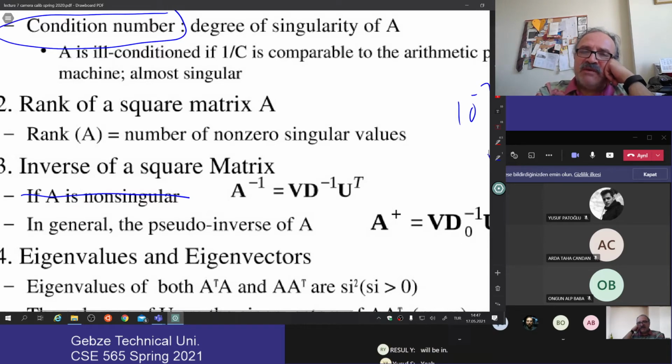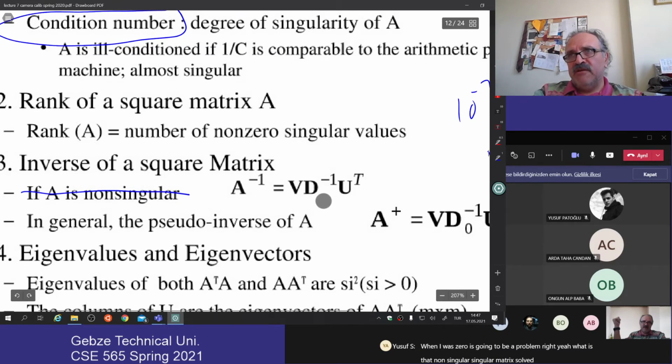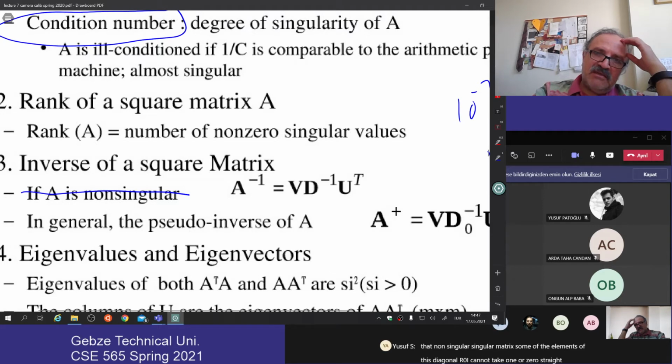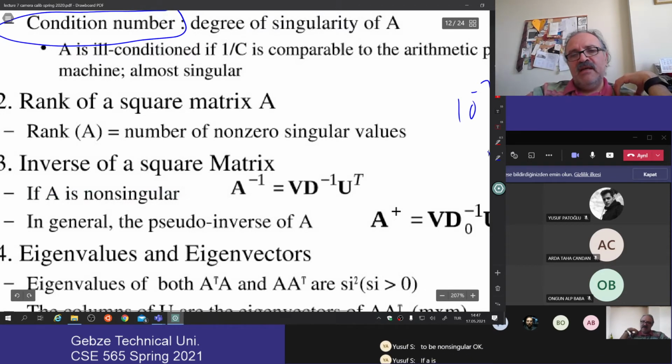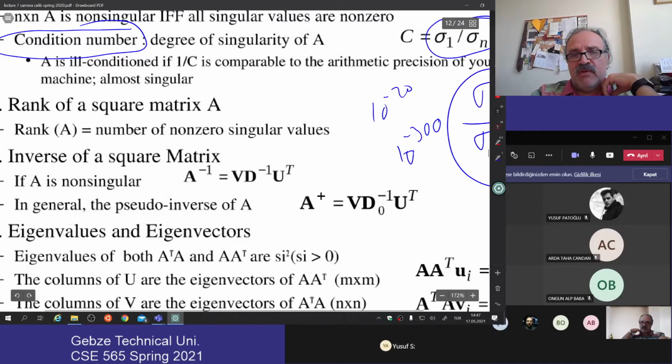What is a singular matrix? Some of the elements of this diagonal are 0, and I cannot take 1 over zeros. So it has to be non-singular. If A is non-singular, then I can take the inverse of all the diagonal elements. If some of them are 0, then I am not out of luck.